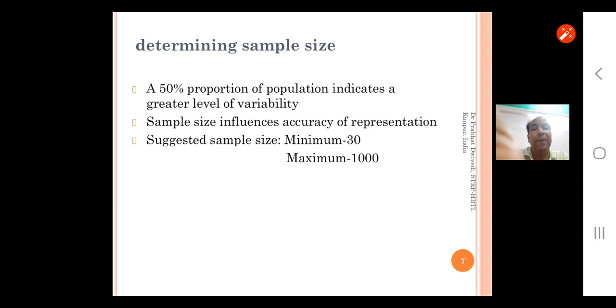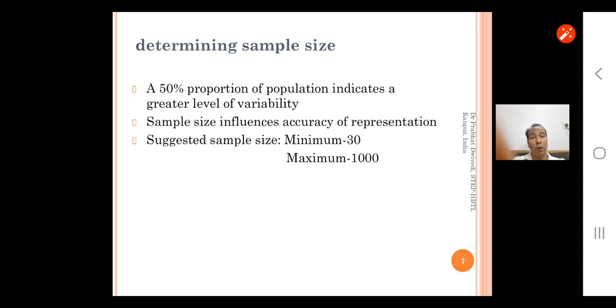One more important factor is that a 50% proportion of the population indicates a greater level of variability. A diagram in the next slide will make this point clear, how a 50% proportion of population may indicate greater level of variability.